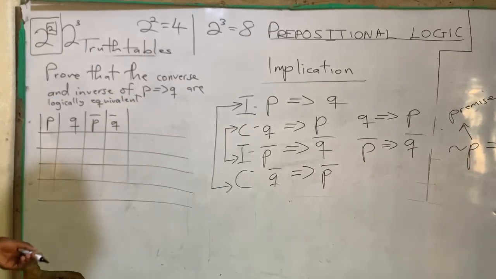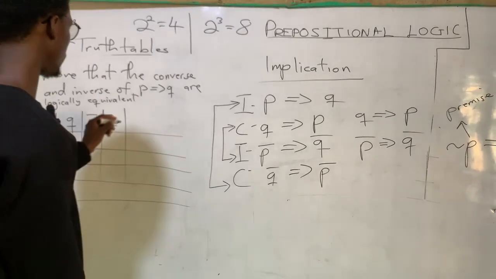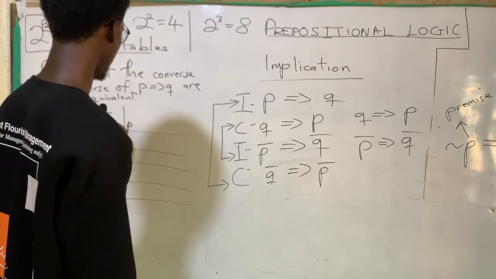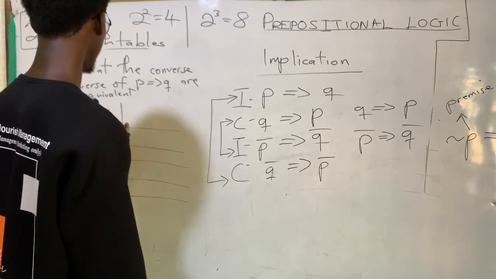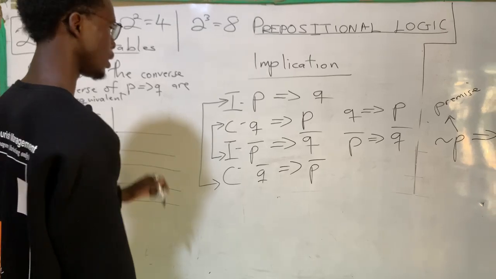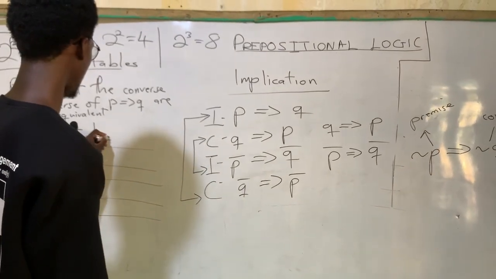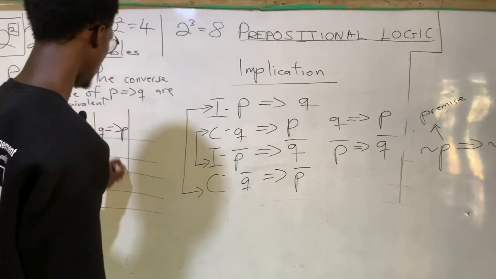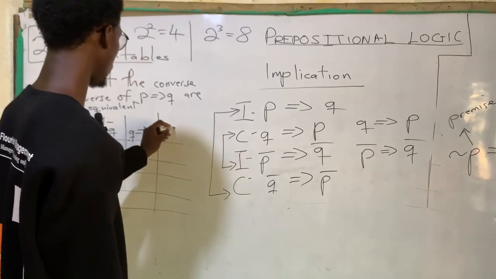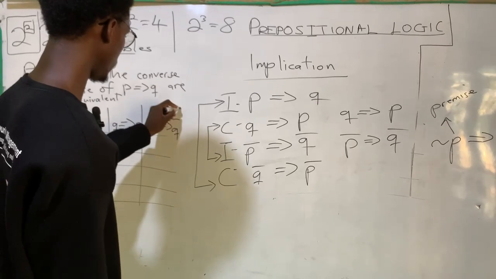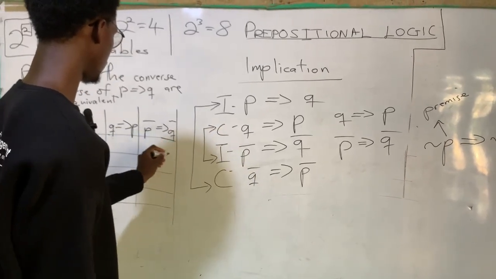Good. Now what again are we going to have? We need to have the actual implication, which is P implies Q. It's not even really necessary because you're not going to do anything with the implication, right? We need the converse, which is Q implies what? P. Then after that, we need not P implies not Q. Just like this.